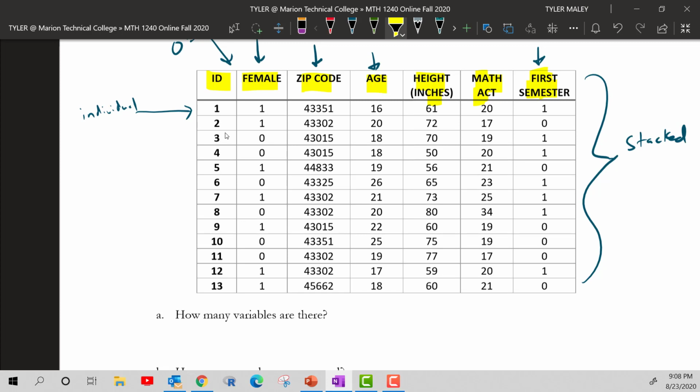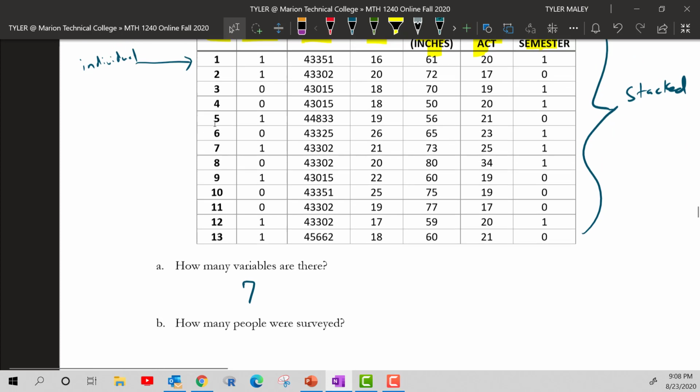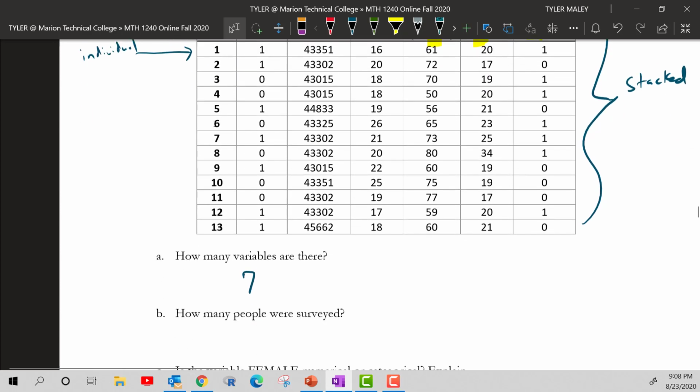So there's 1, 2, 3, 4, 5, 6, 7 variables for these individuals. And notice this ID number is generic, but maybe it's social security number, maybe it's your student ID number. So you're essentially just assigning a number instead of writing someone's name, you're assigning a number to each person. So that's a characteristic about them.